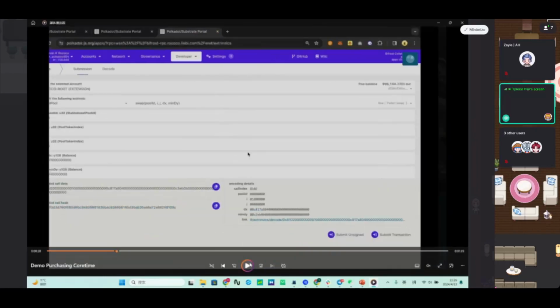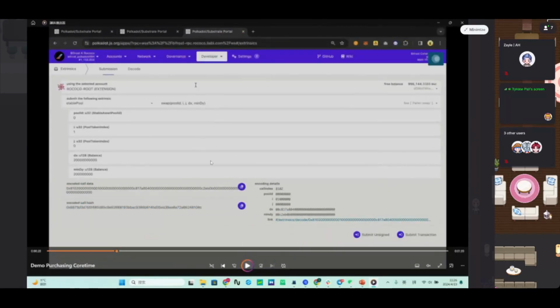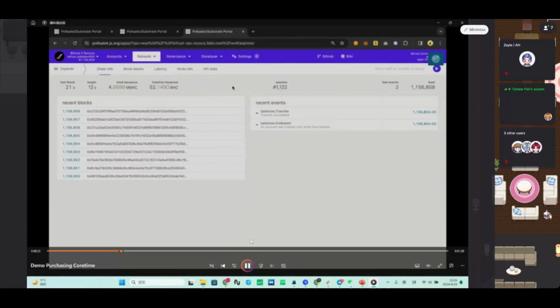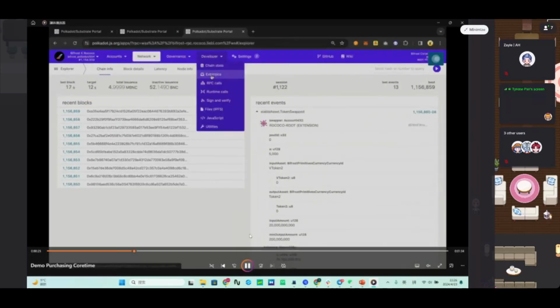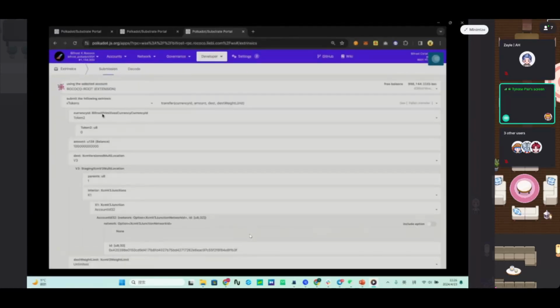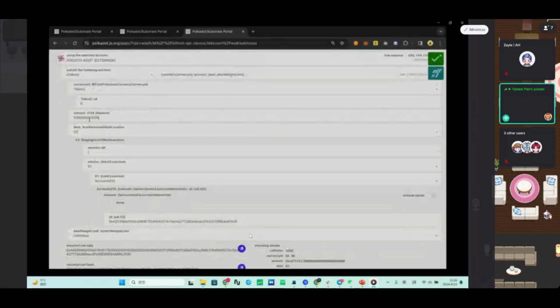I'm swapping in Bifrost, swapping some VDOT to DOT. Once I get the DOT, I can send it to the Coretime parachain for purchasing Coretime.